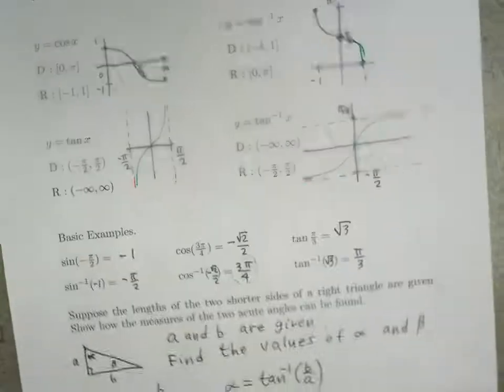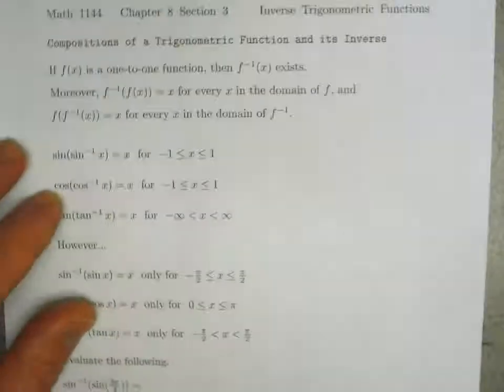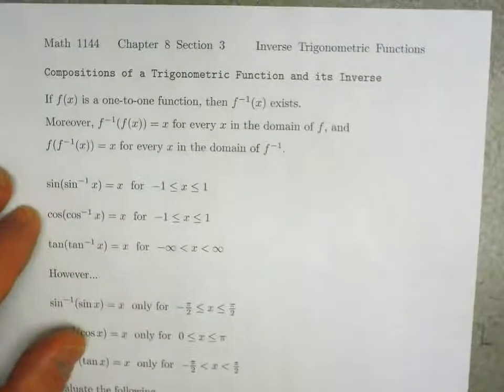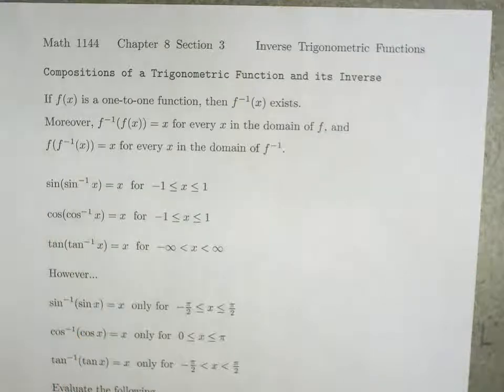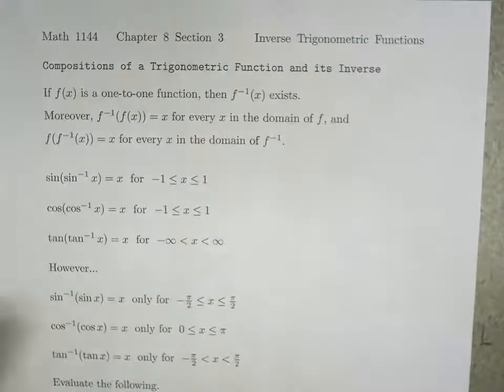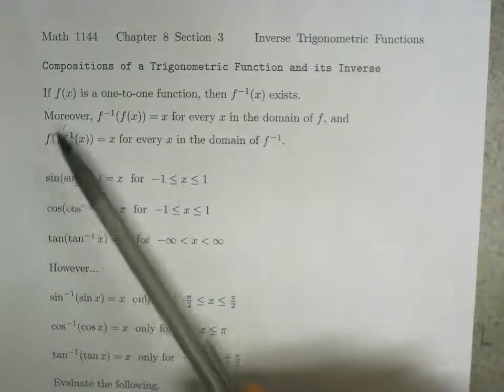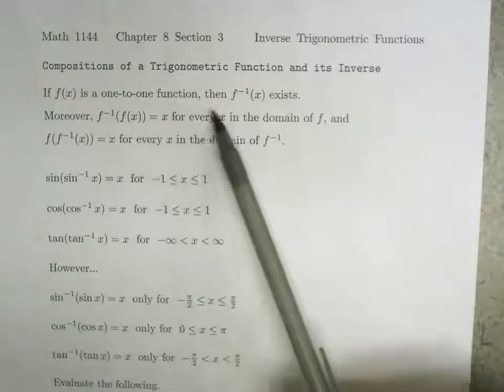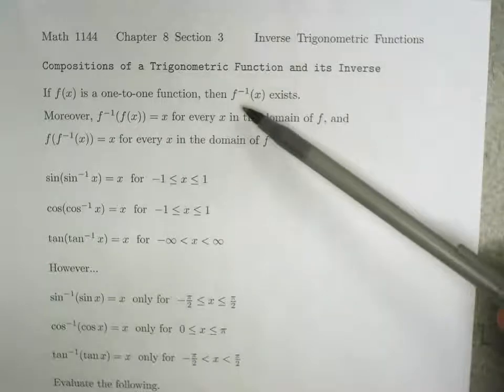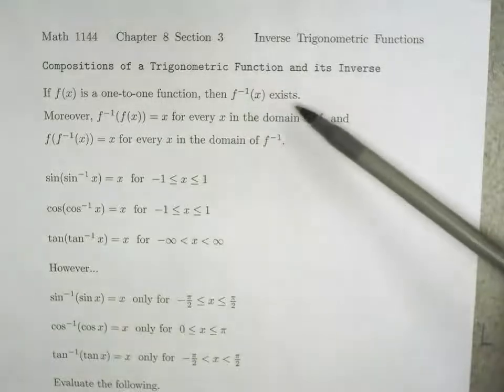Okay, on the next page, we'll discuss compositions of a trigonometric function and its inverse. Okay, this says if f of x is a one-to-one function, then the f inverse exists.